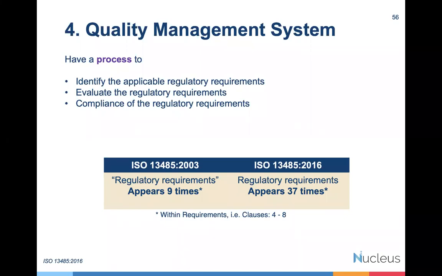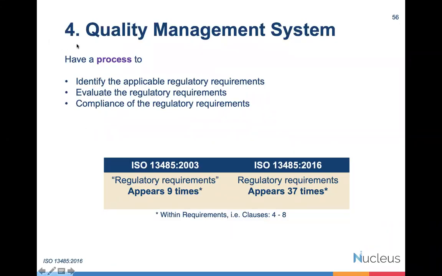Within your organization, you must ask yourself: do we have a process to identify the applicable regulatory requirements? How are we going to evaluate those requirements? Because regulatory requirements keep on changing, right? So how do these changes impact our product and our role? These are questions we need to ask on our own. Then we need to comply, right? These are the 3 things we have to highlight.